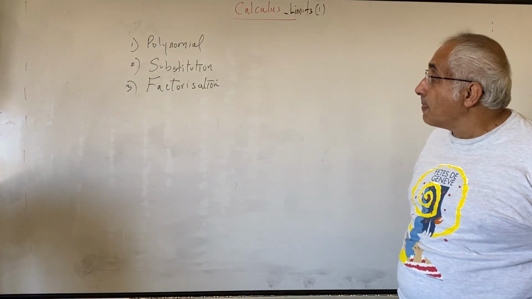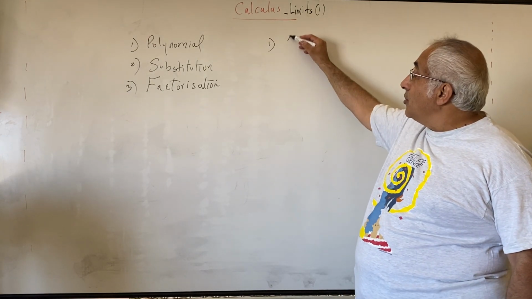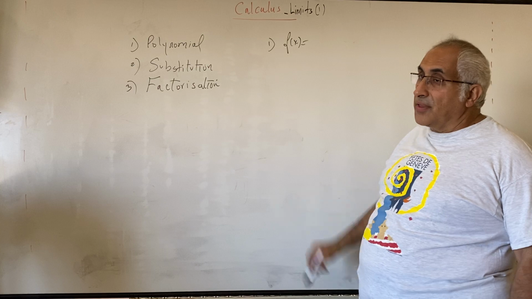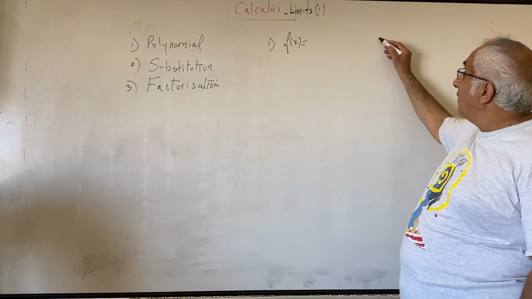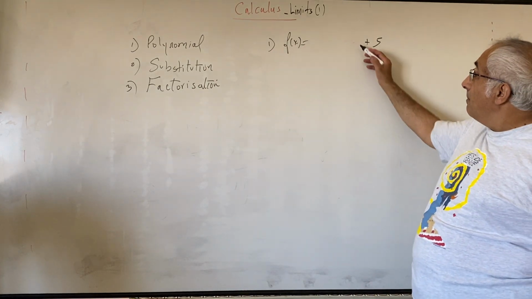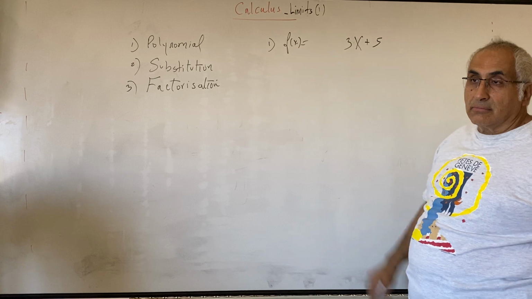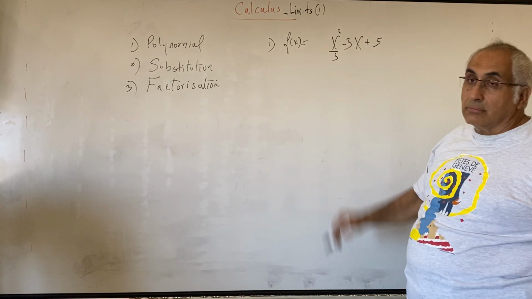What's a polynomial? A polynomial simply is when you have a function that has degrees of x. You could have 5, that's 0 degree of x, or you could have x or 3x. You could go all the way up to x squared over 3.